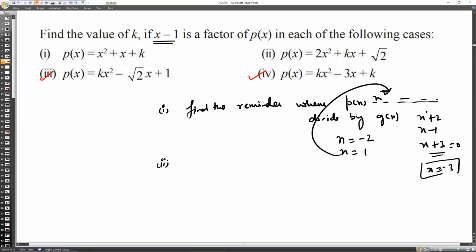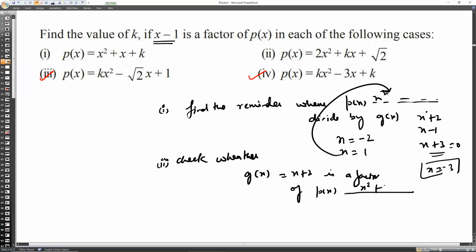The second type of question is: check whether g(x), like x plus 2, is a factor of p(x), where some polynomial will be given to you, like x square plus 2x plus 3.